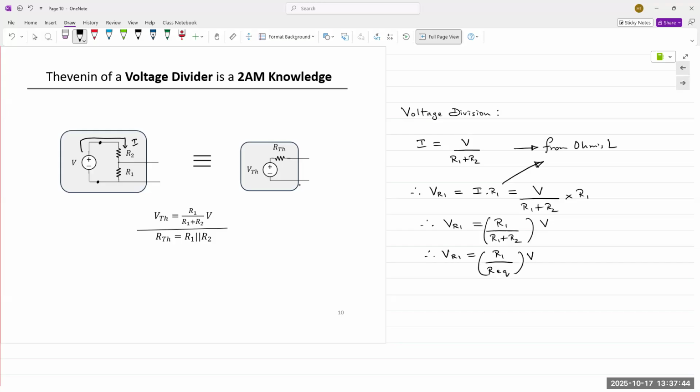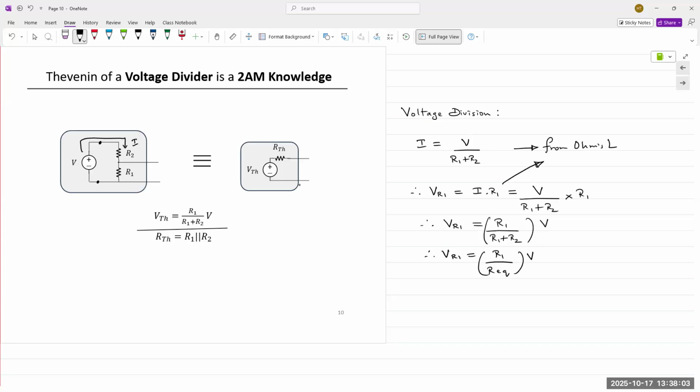This REQ is different, okay? We are not measuring from the output terminals. We are measuring from the voltage source. So if you remove the voltage source and you measure REQ, you have your 2 resistors in series. That is your REQ.